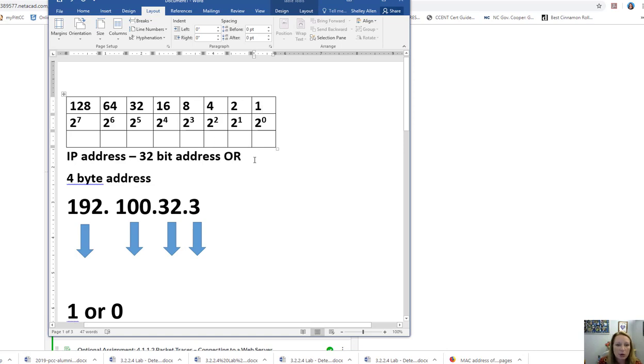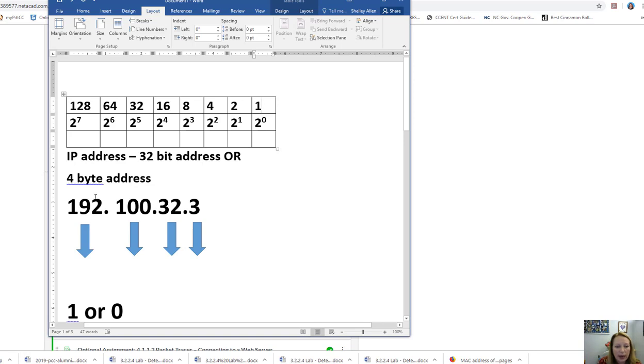Okay, so if you were to add all of these bit positions up, they would actually equal 255, and that's why the values have to range between 0 and 255 for each of these octets. So you actually calculate these using this chart.